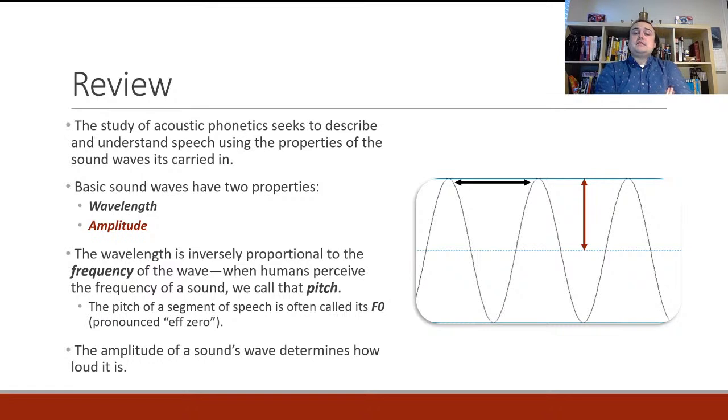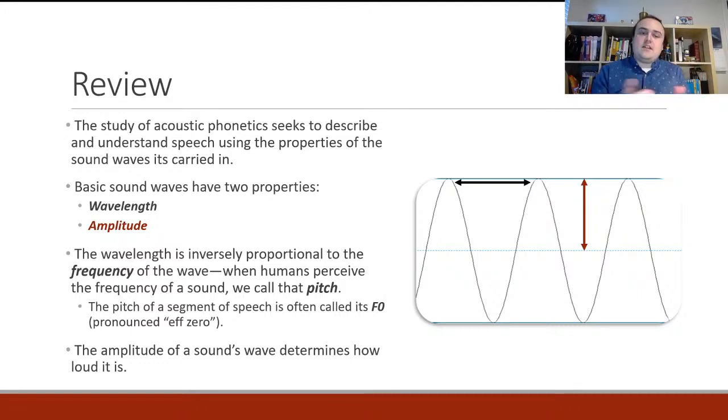When we're talking about speech, the wavelength is important mostly because it's going to be proportional to the frequency of the wave. So all sound waves travel at the same speed when they're in air. And when humans perceive the frequency of a sound wave, we call that pitch. Sorry, I didn't actually talk about why I was saying all sound waves travel at the same speed.